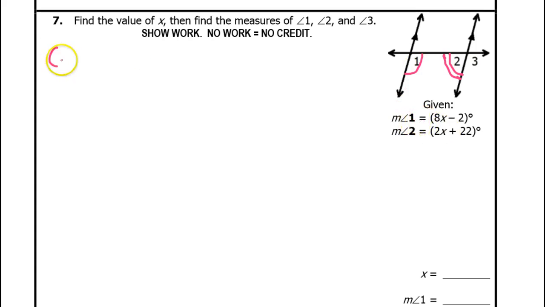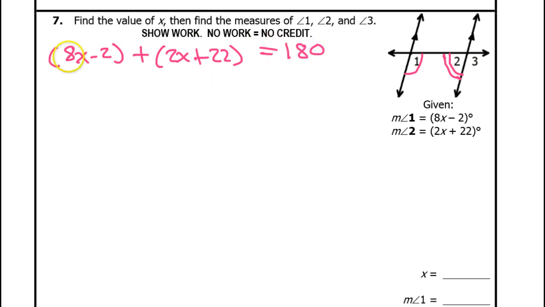So I'm going to do 8x minus 2 plus 2x plus 22 is equal to 180. 8x and 2x make 10x. Negative 2 and positive 22 make 20.